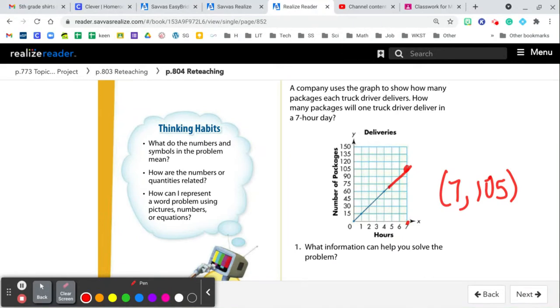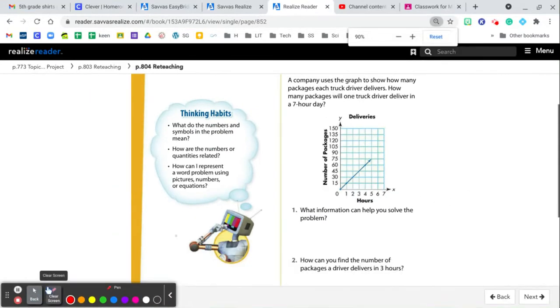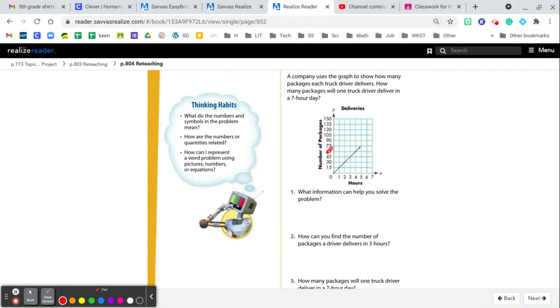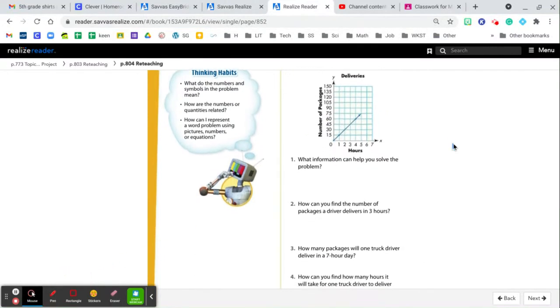Let me clear this for you so you can see what I'm talking about. For 3 hours, you would look at the 3 and then find where on the line it falls, right there. So you go over and say 45.